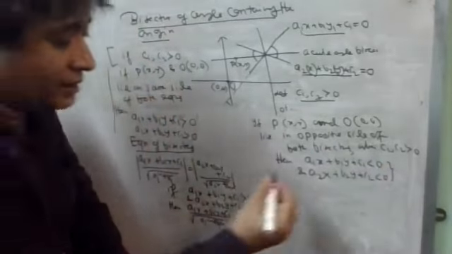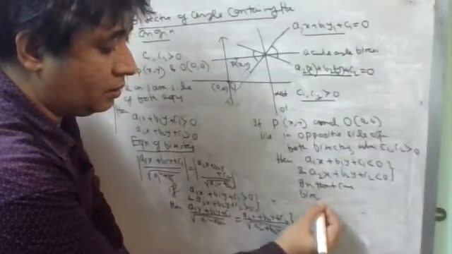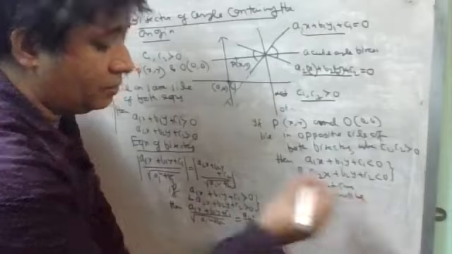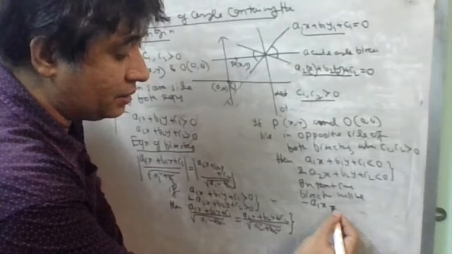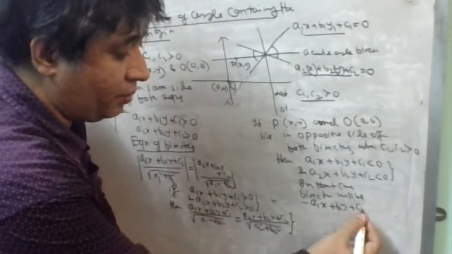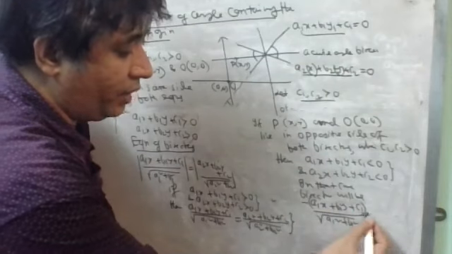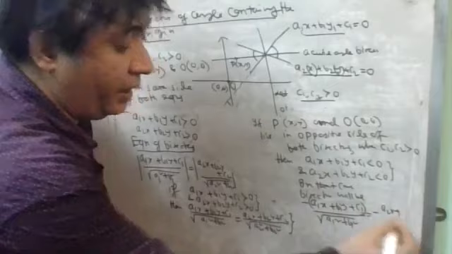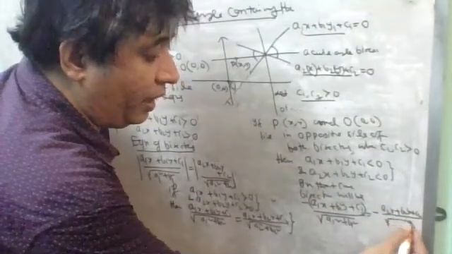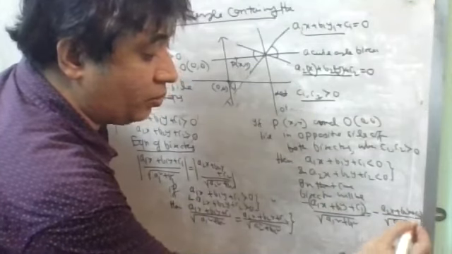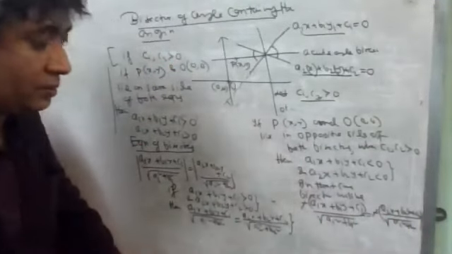Okay, in that case the bisector will be minus (A1x + B1y + C1) by root over A1 square plus B1 square is equal to minus (A2x + B2y + C2) by root over A2 square plus B2 square. Minus will get cancelled, you get back the same thing.